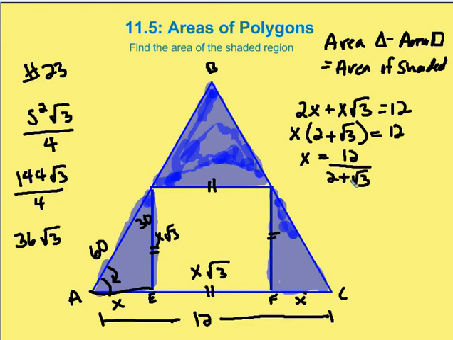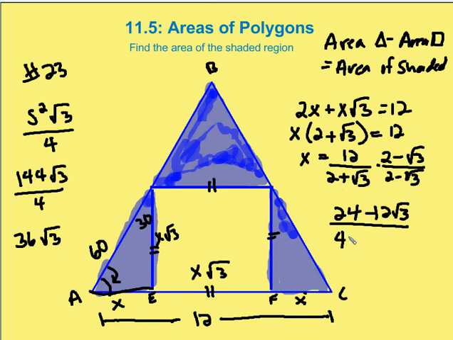12 over 2 plus root 3. Now recall that in math we don't want to have a radical in the denominator, so now we must multiply both the numerator and denominator by the conjugate of the denominator, which is going to be 2 minus root 3 over 2 minus root 3, and we're left with 24 minus 12 root 3 over 2 times 2, 4, plus 2 root 3 minus 2 root 3, that equals 0, minus root 3 squared, which is just 3.